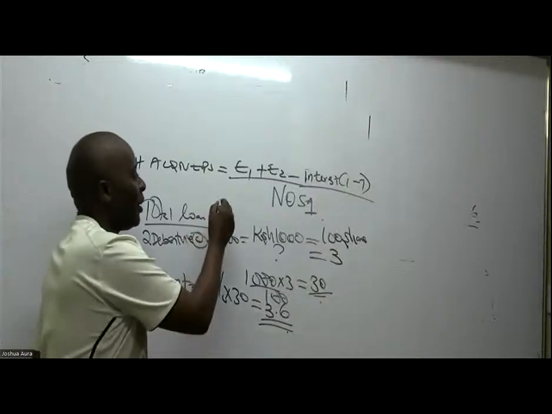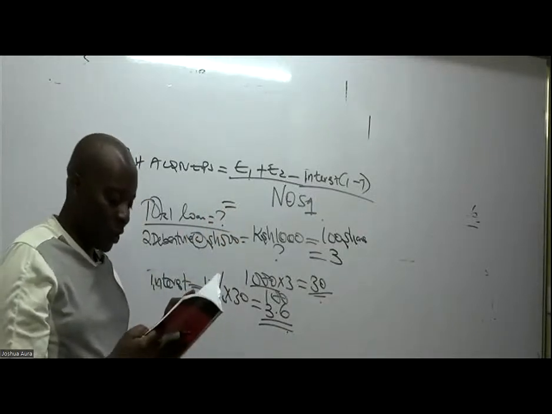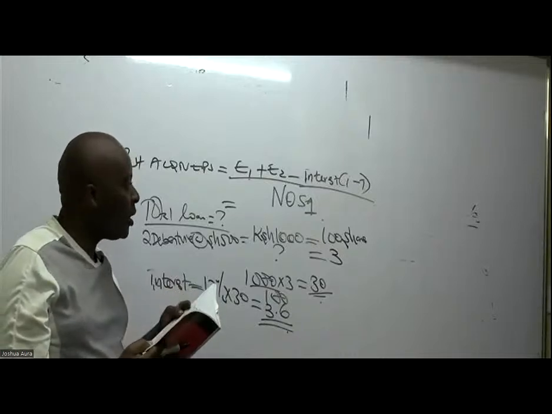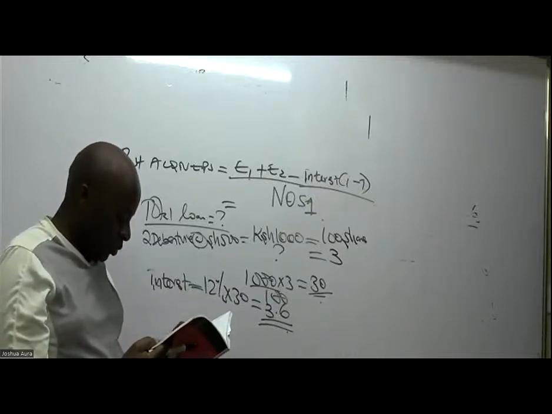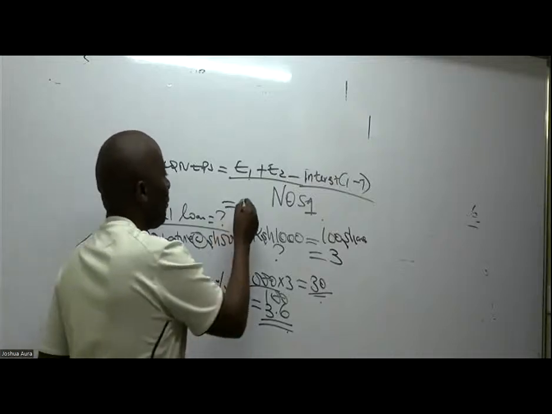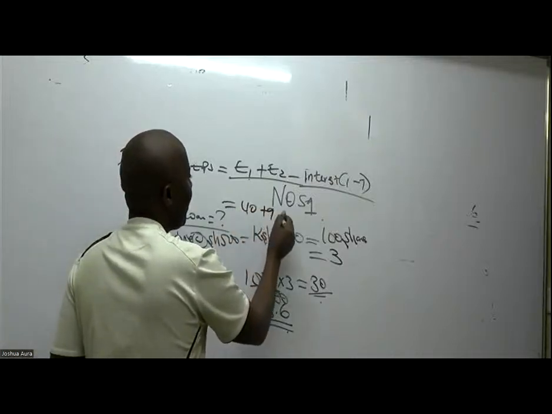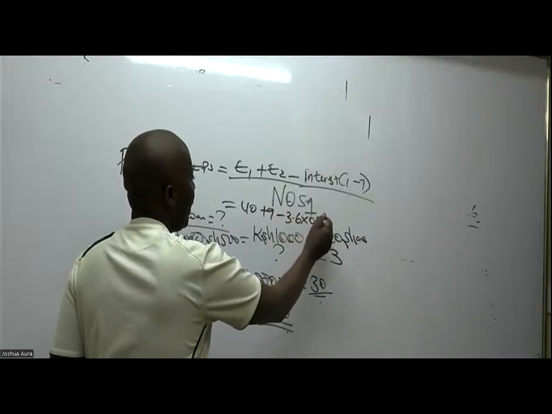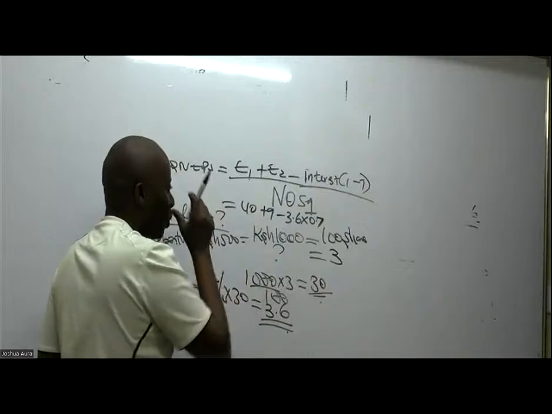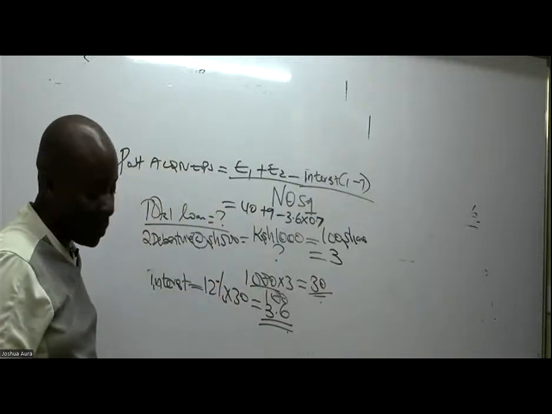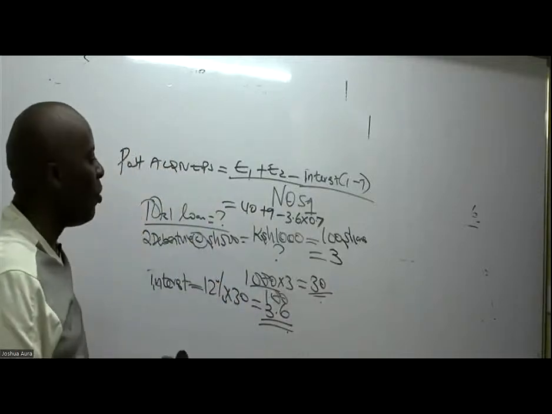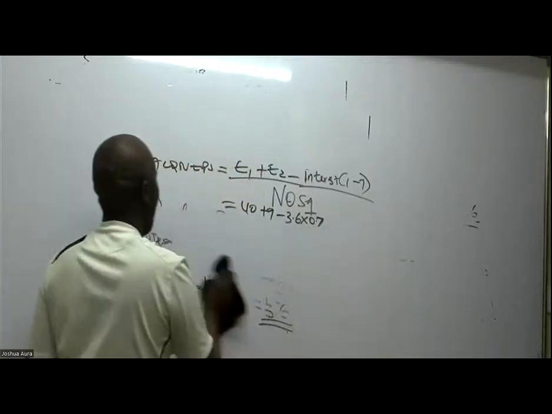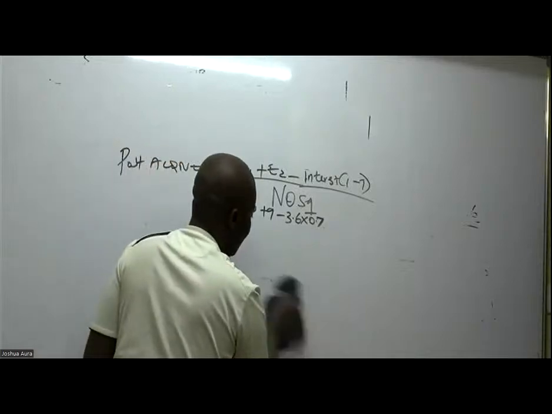So I have here earnings of company 1. Don't take earnings per share. This E1 is the net income, the profit after tax. So this is 40 plus 9 minus the interest of 3.6, times 0.7. You guys haven't yet seen where I got the 0.7 from.